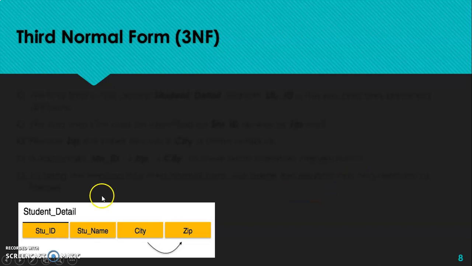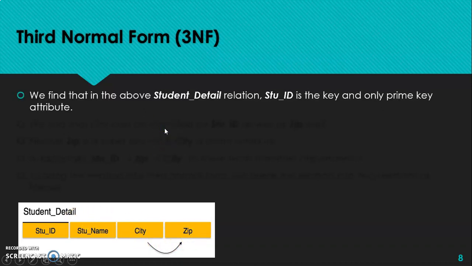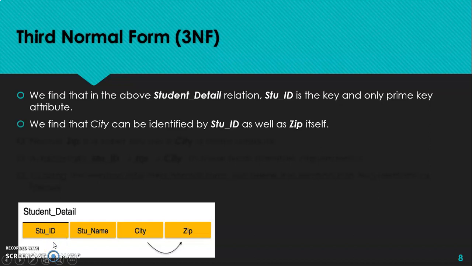We can see again a student detail relation where we have student ID as the primary key. Then we have student name, city and zip code in this student detail relation. So we can find that student ID is the key and the only key attribute. Now city can be identified by student ID as well as by zip itself.